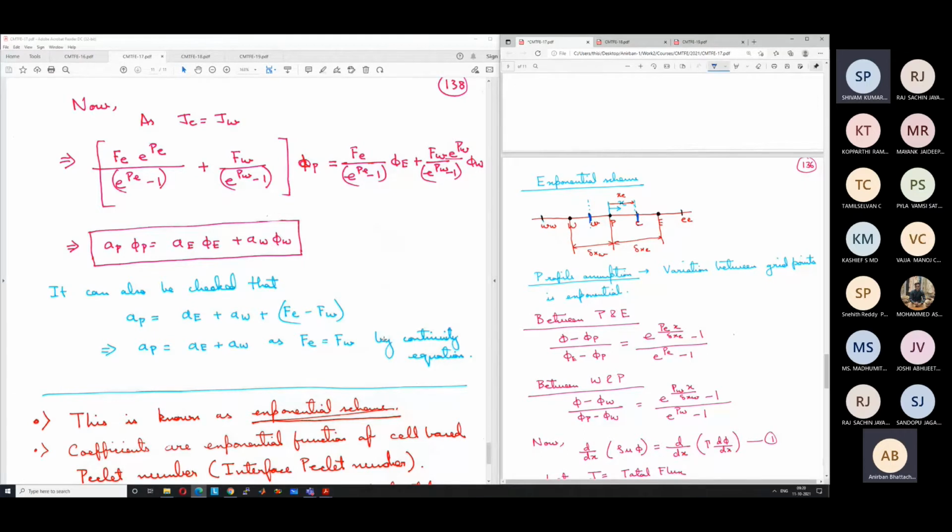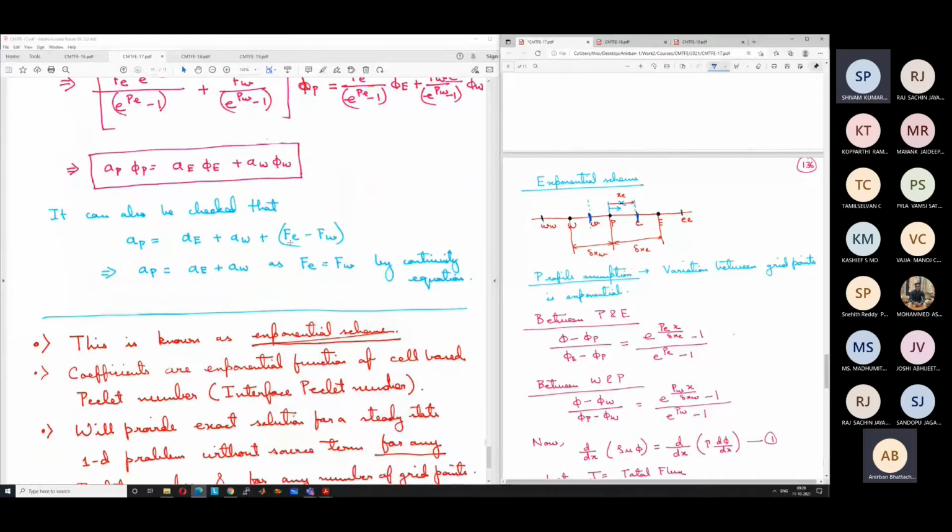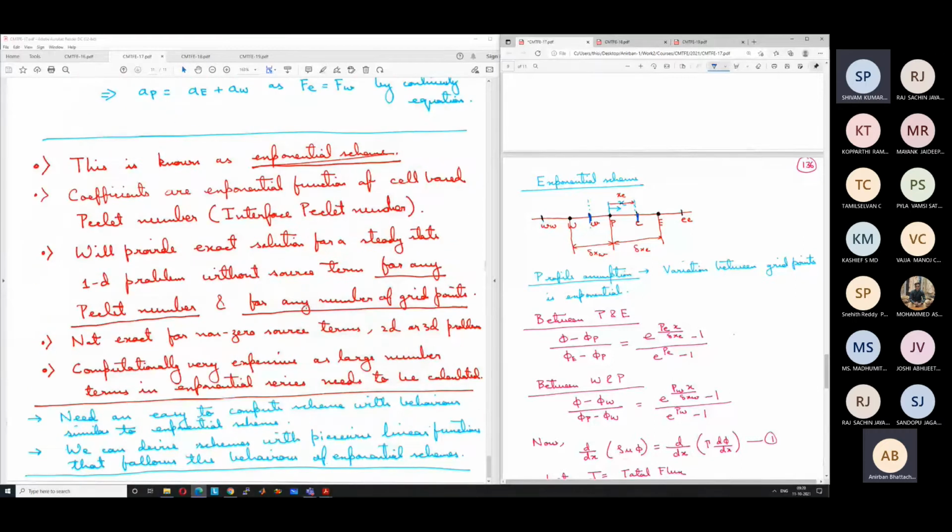we stopped at this point, and what we discussed was that we need some scheme which is similar to this exponential scheme in behavior, but is not as computationally expensive. Means the terms can be easily calculated, and it should give similar variation like the exponential scheme.